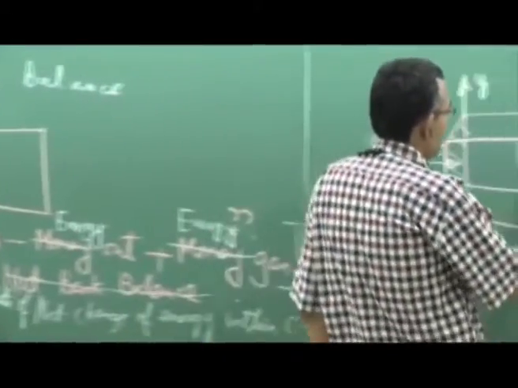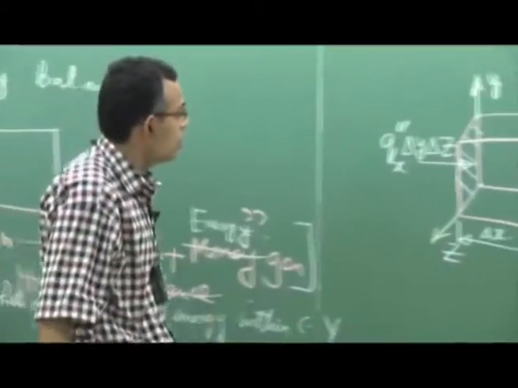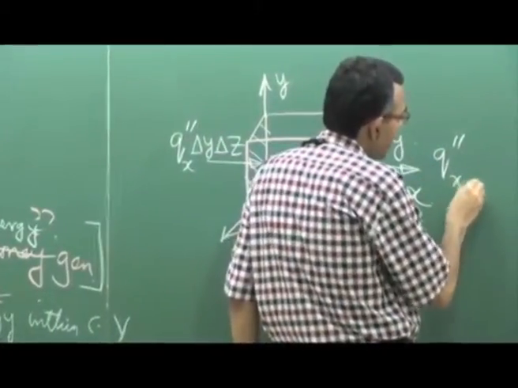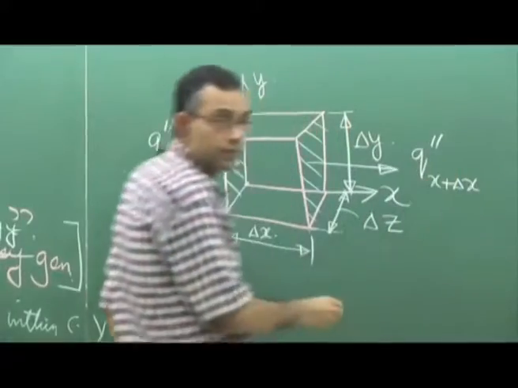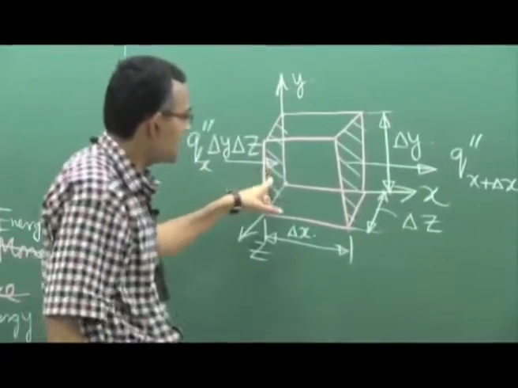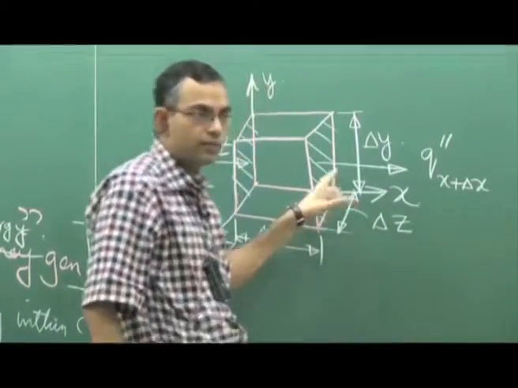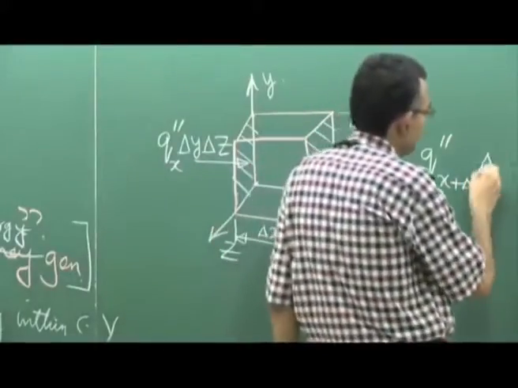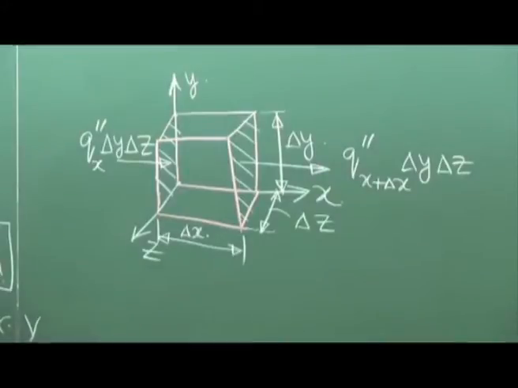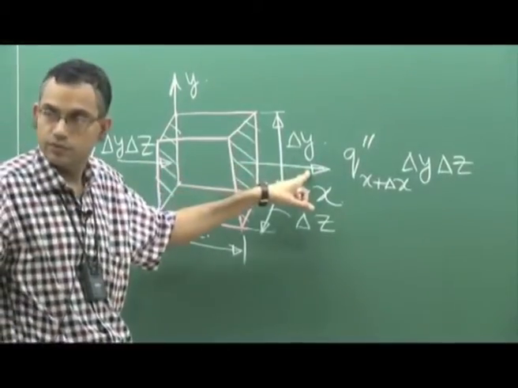So what is the heat flux here? If it is q double prime x, this is q double prime at x plus delta x, right. Same heat flux, this is at x equal to x, this is x equal to x plus delta x. This times, see, this is energy in, this is energy out, right.